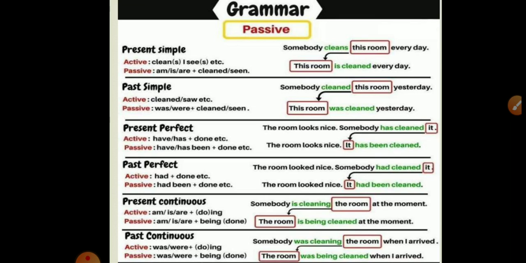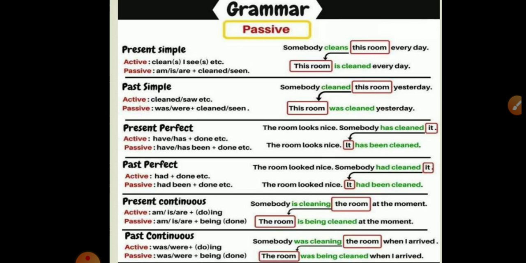It is not necessary to write by somebody. Cleans is a simple present, that is why we have written is, that is a to be, and cleaned is a main verb.